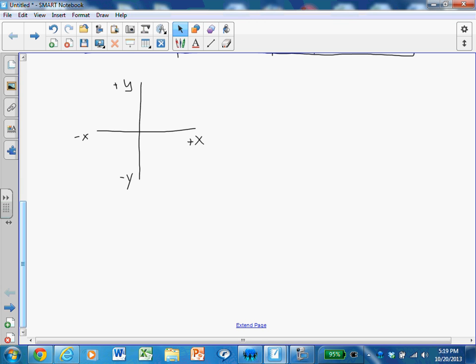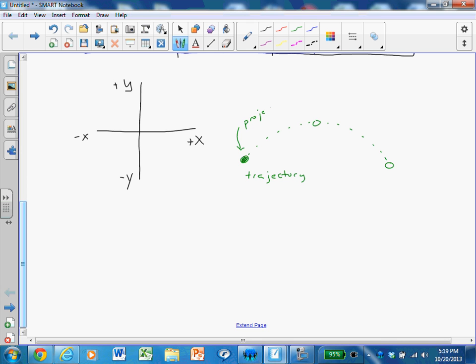We call these helpless objects projectiles. Okay? And the path that they take, we call trajectory. So the projectile can travel through the air in a trajectory. This right here, its path is the trajectory, and this we call the projectile once it's launched into the air.